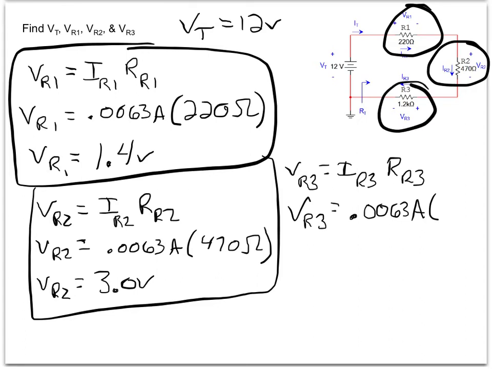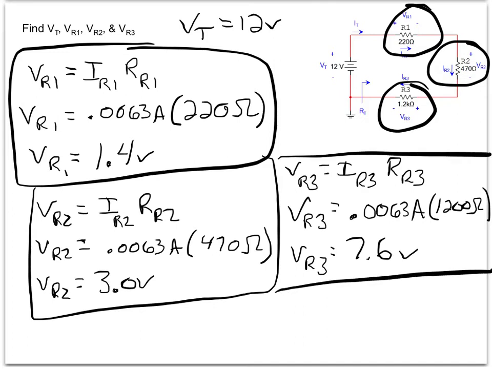And the resistance we can see here is 1,200 ohms. Multiplying that out, it comes out to be approximately 7.6 volts using a calculator.